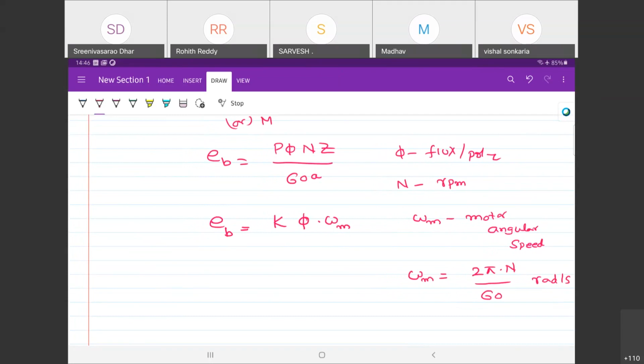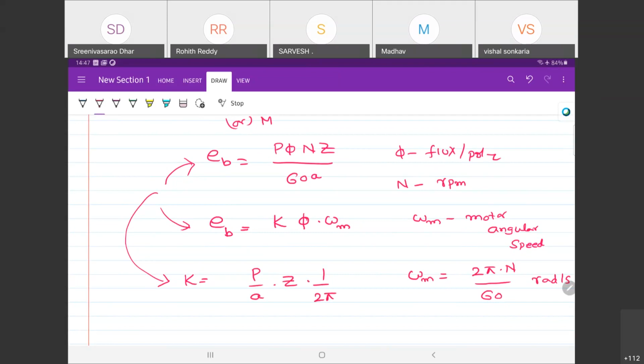Right. So what is the K here? If you compare these two equations, what is K? I assumed some constant K. So what is that K? P Z by A into 1 by 2 pi, right?